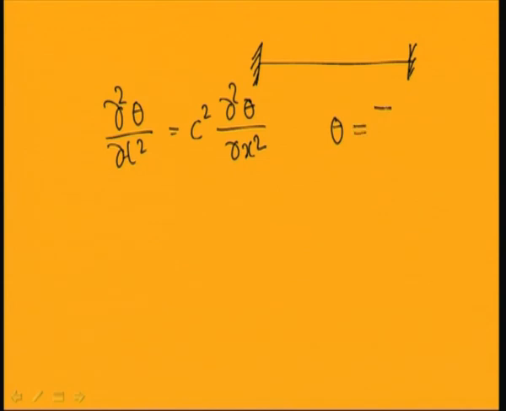I will express this rotation as a function of phi x and q t. Here phi x is the mode shape of the system and q t is the time modulation of the system.